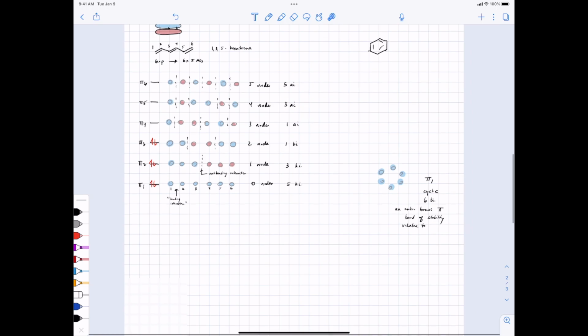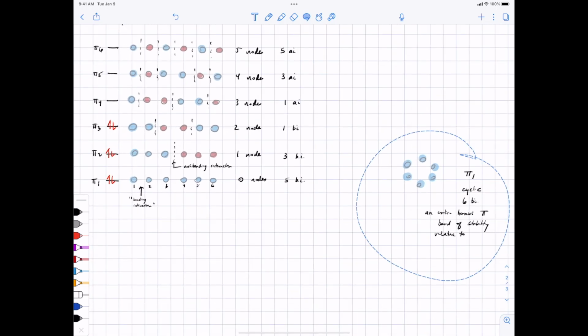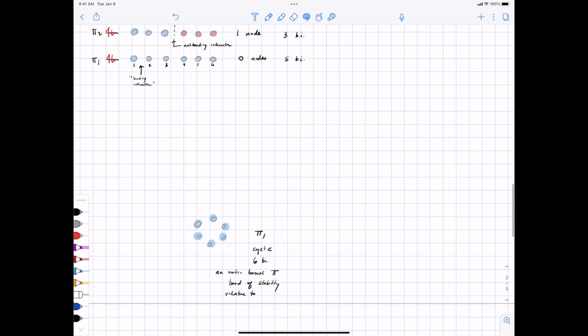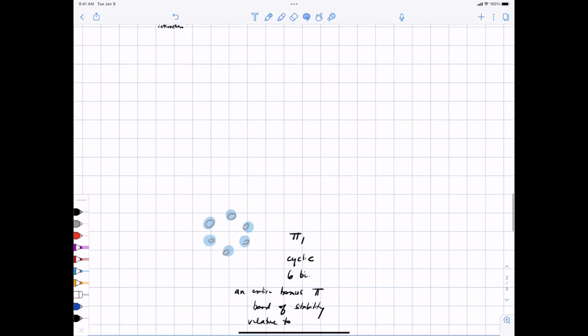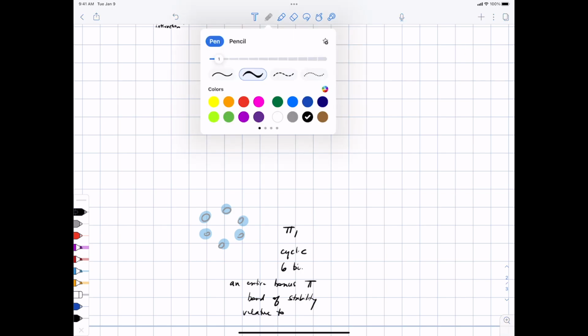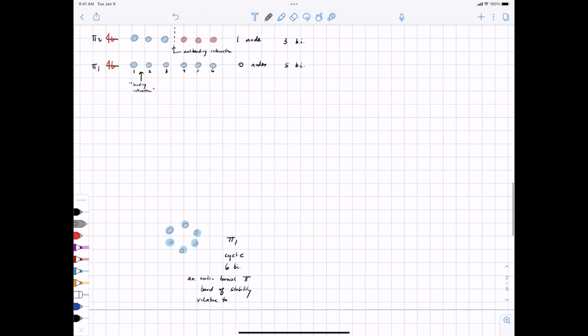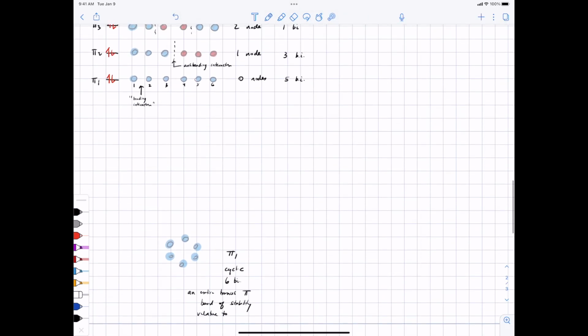So it turns out, and I'm going to do this here. The next highest combination actually you can get simply by cyclizing this pi 2.